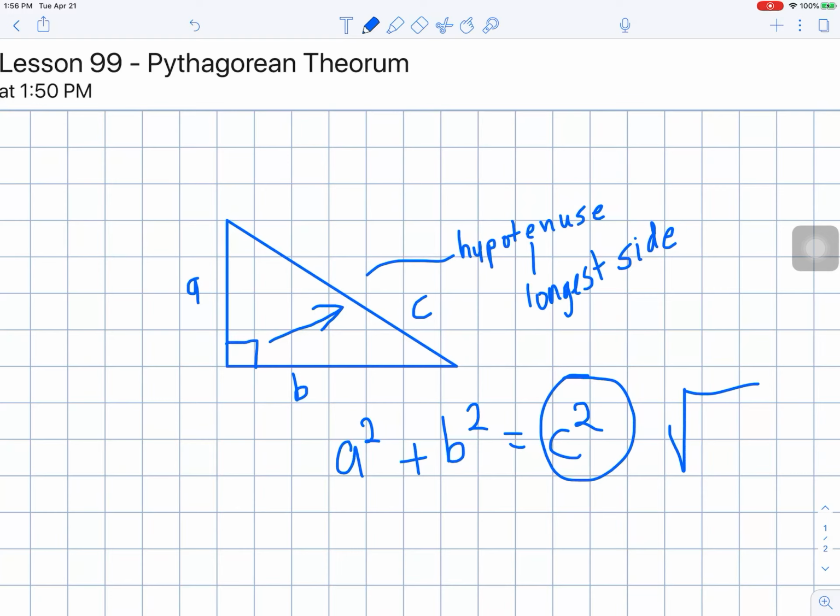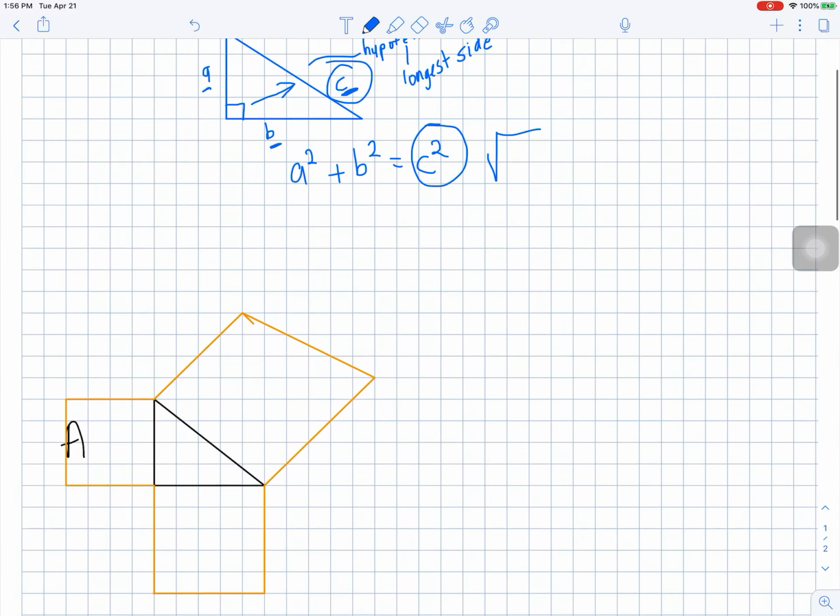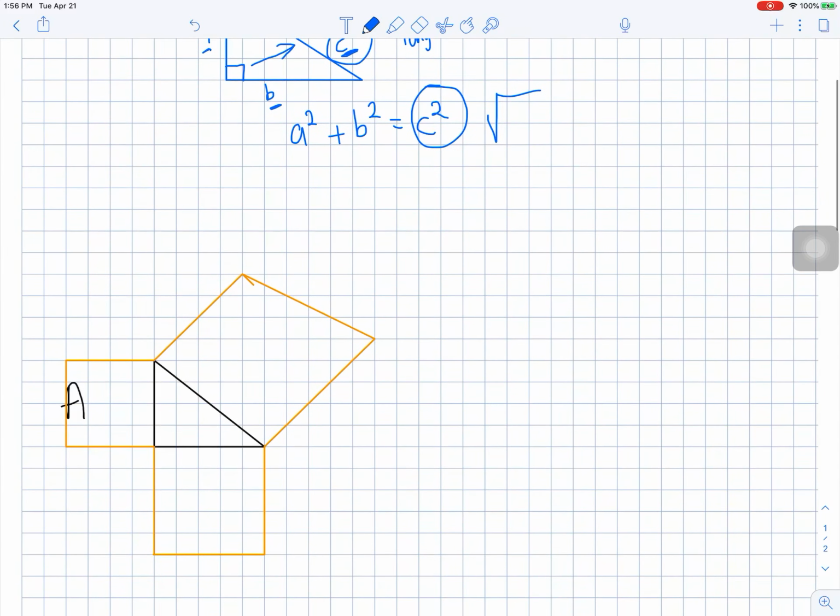So you'll have to do the square root of it to find side C. Hopefully that concept makes sense, but remember that C is always the hypotenuse side. Where you place A and B is not as important, but C always has to be the hypotenuse side. So those are the terms that you're working with for the hypotenuse.